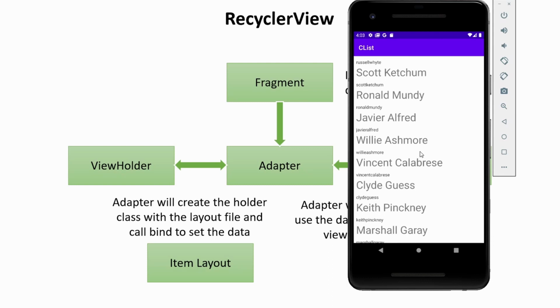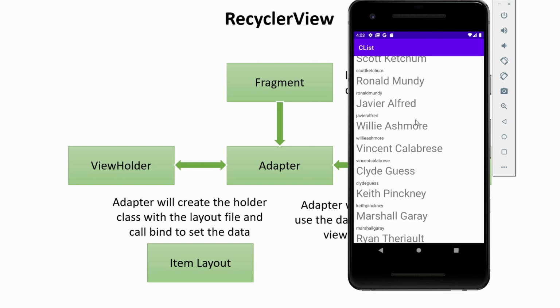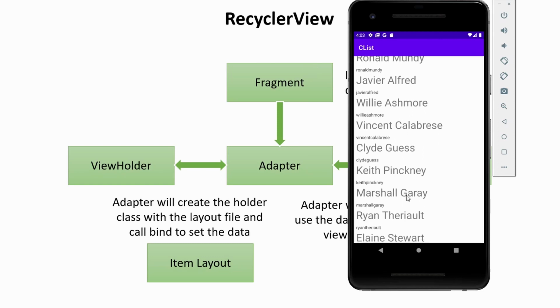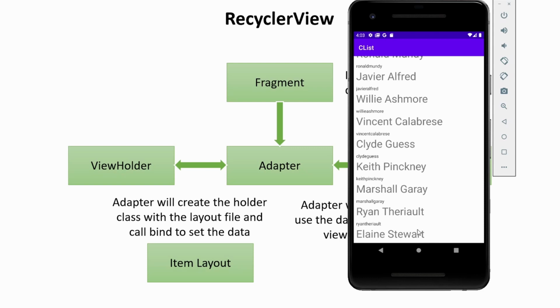As soon as this layout containing Russell White goes out of the screen, recycler view will discard that view and move it to a recycler pool. Once Elaine Stewart comes in, the same view which was first holding Russell will now hold the values for Elaine. So the same view gets recycled, and that is where recycler view gets its name.